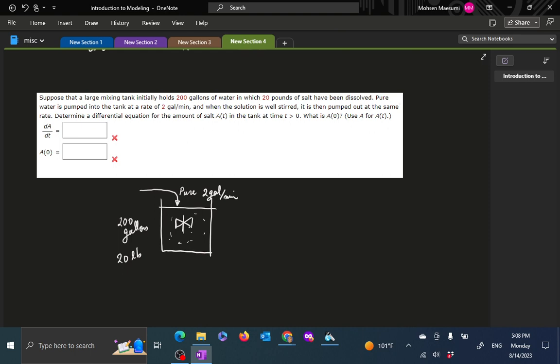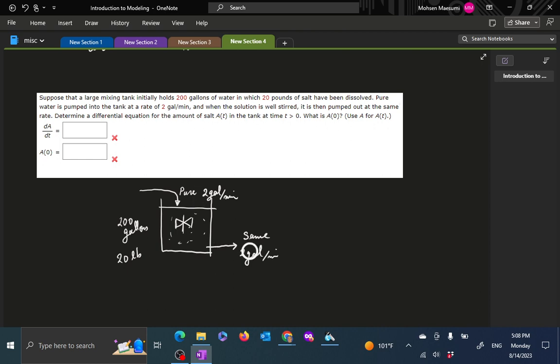It is then pumped out at the same rate. So this is important. It says same rate. So same rate means, well, 2 gallons per minute. Why is that significant? Well, if I pump out at a lower rate, what happens? If I take out 1 gallon per minute, of course the water starts to rise.